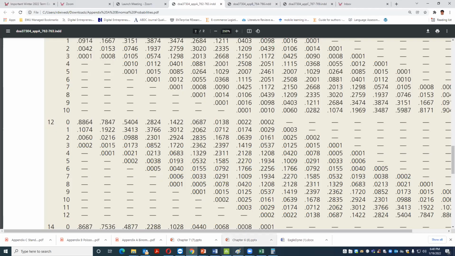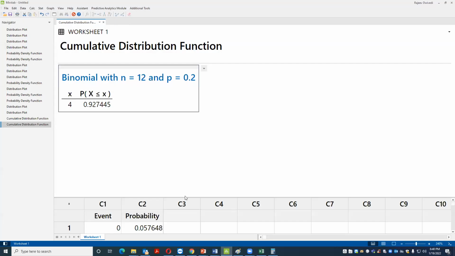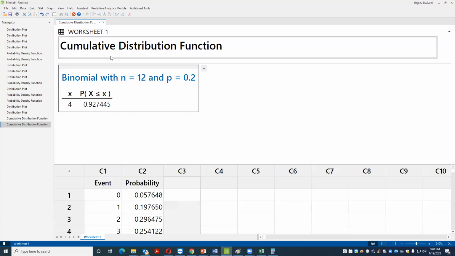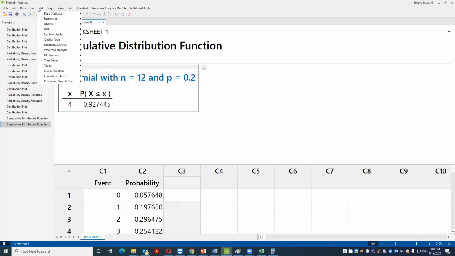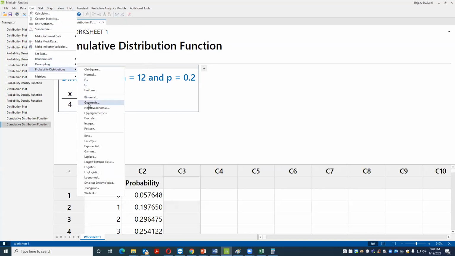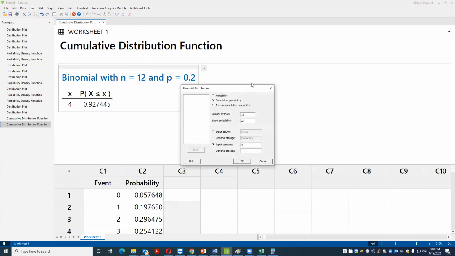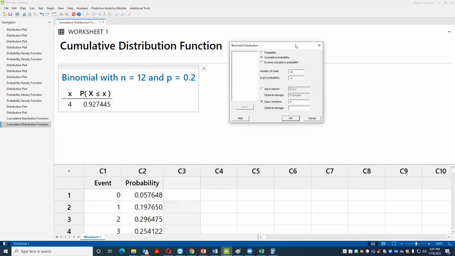Another thing, let's say I solved the question using this. So I'm going to use the same situation. Binomial. I said, what is the probability of more than 5 people will be positive? Now here you can see I have to put 6, because more than 5 means 6 and onwards.